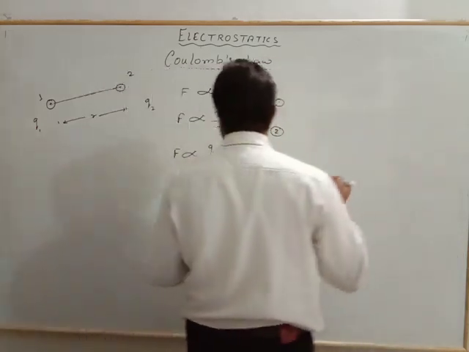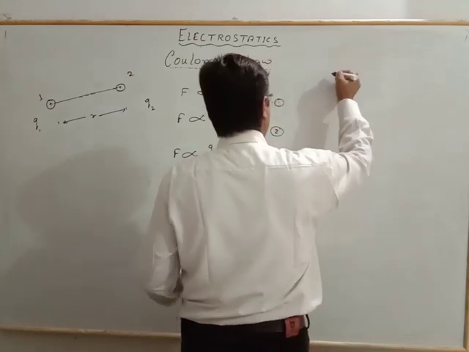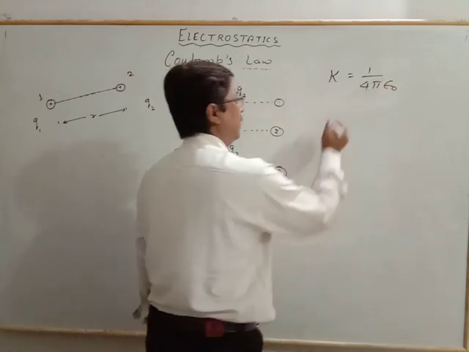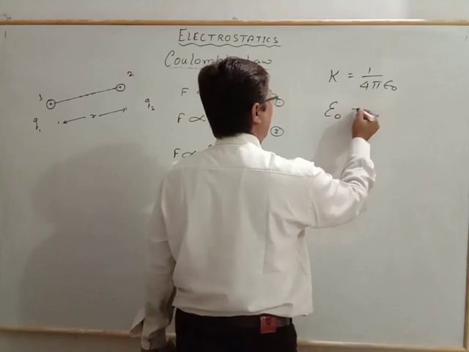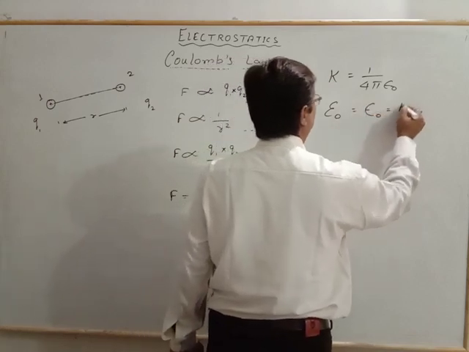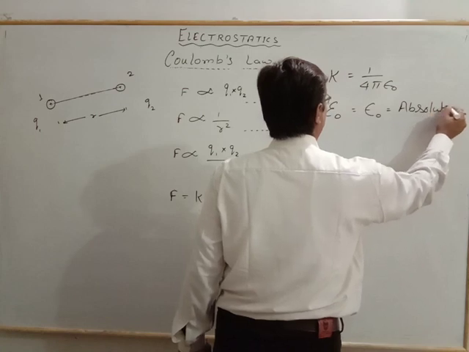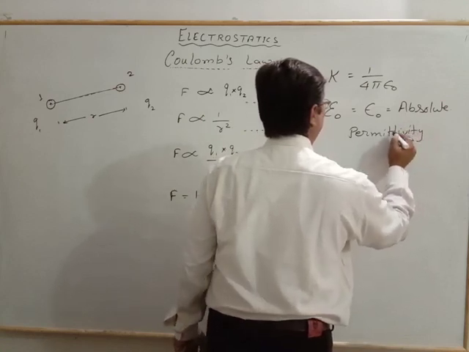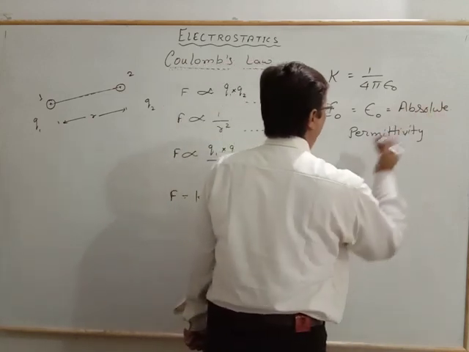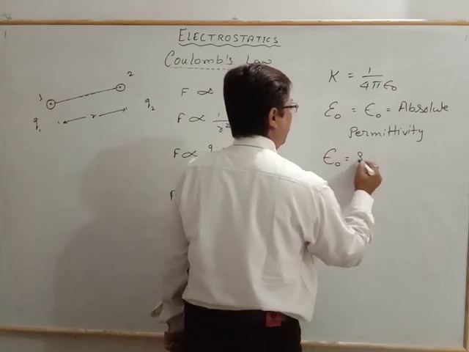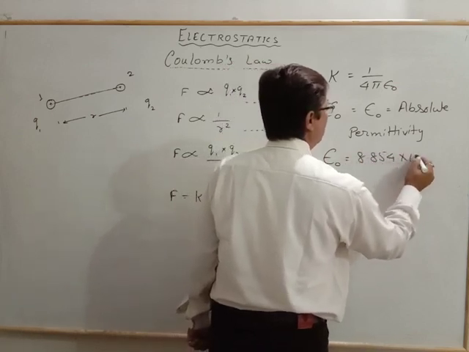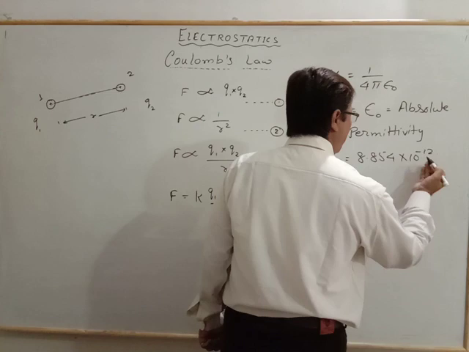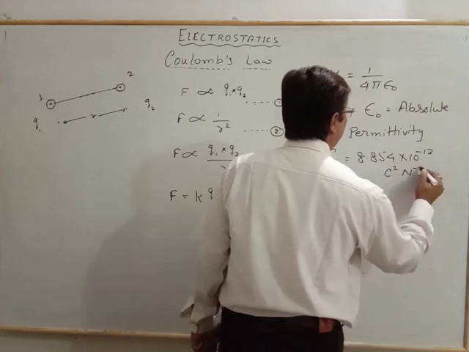The value of K is equal to 1 by 4 pi epsilon naught, where epsilon naught is called the absolute permittivity. The value of epsilon naught is 8.854 into 10 to the power minus 12, with the unit Coulomb square per Newton per meter square.